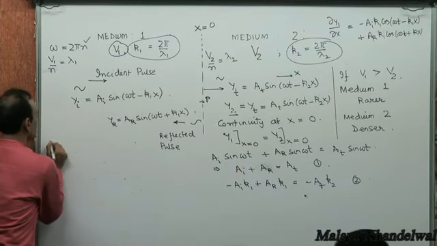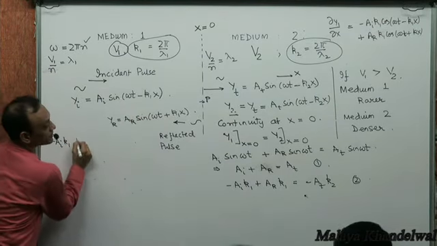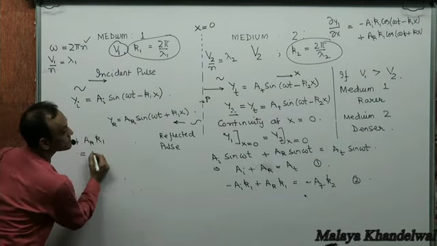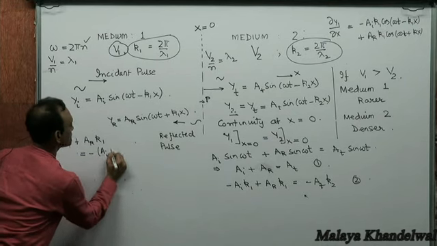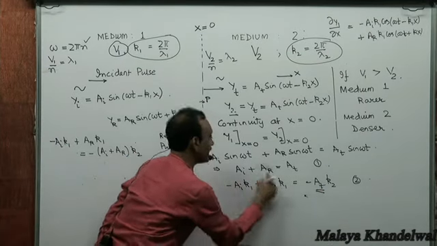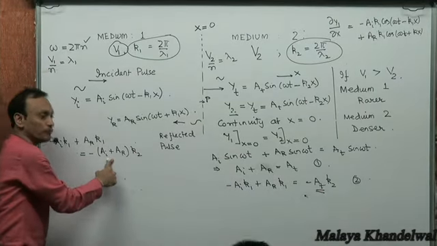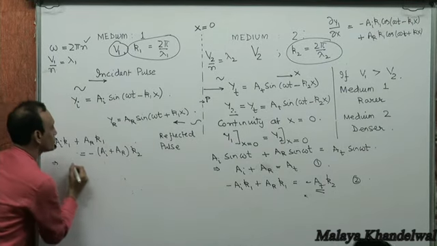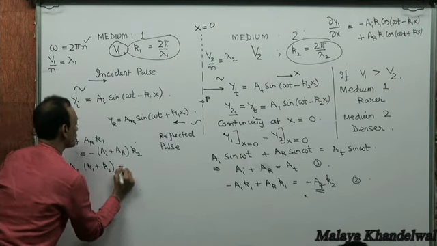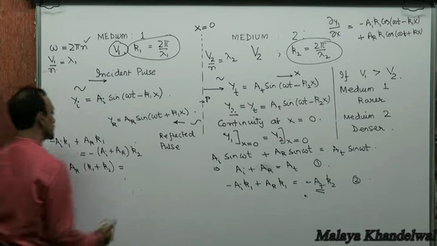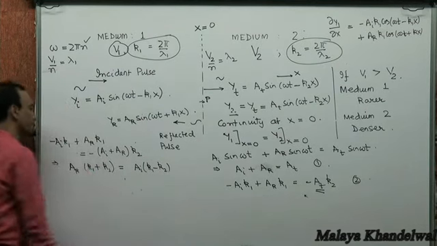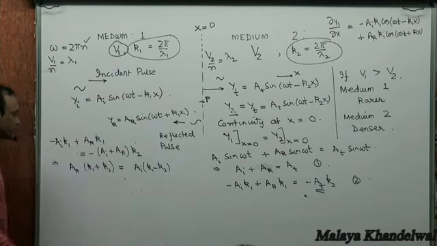So let's see what I get. Minus Ai k1 plus Ar k1 equals minus (Ai plus Ar) k2. Yes or no? Replacing At by Ai plus Ar in this equation to solve for Ar. So Ar into (k1 plus k2) equals Ai into (k1 minus k2), right?